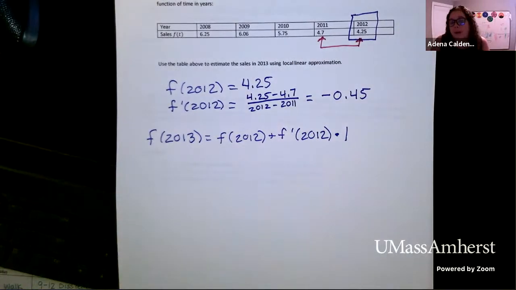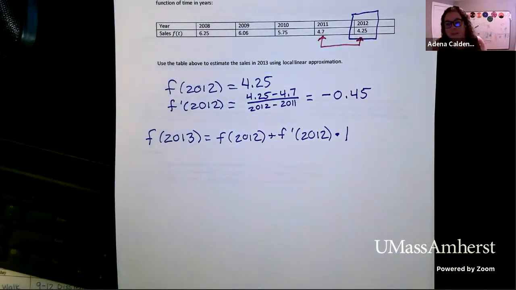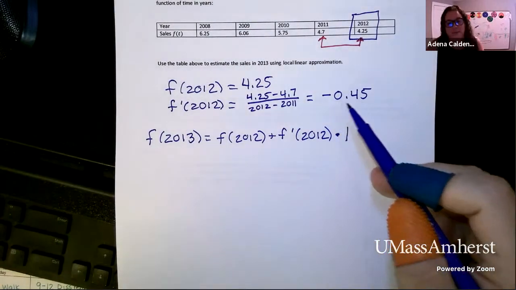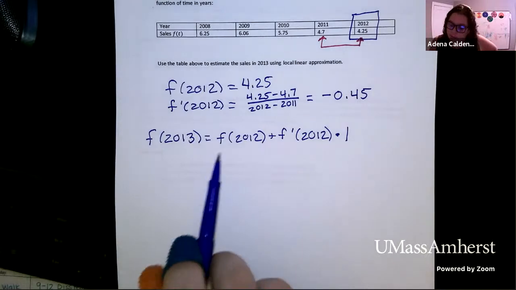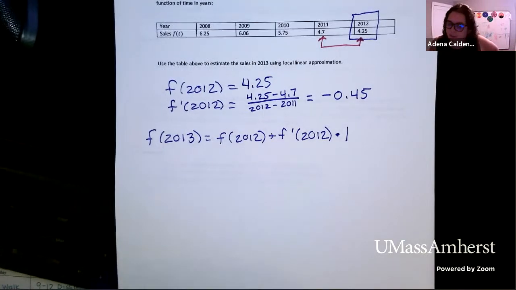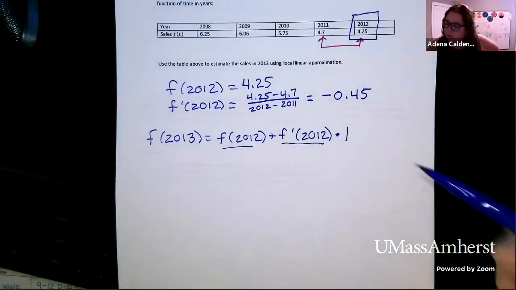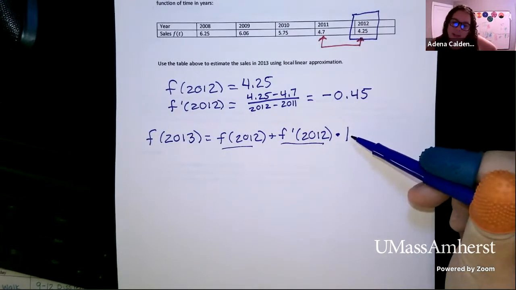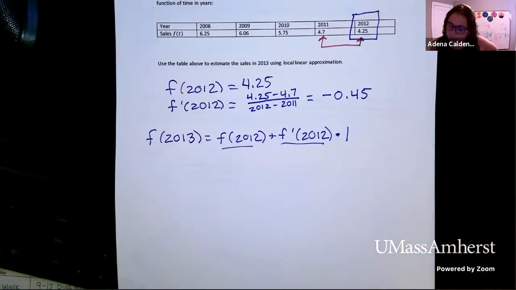Okay, so remember, in terms of units, that's negative 0.45 million CDs per year. That's how much my sales are decreasing because it's negative. Now, when I use this in my approximation formula, I'm going to use the information I have, the information about the derivative, times delta x. My delta x here is 1 because it's 1 year from 2013 to 2012.